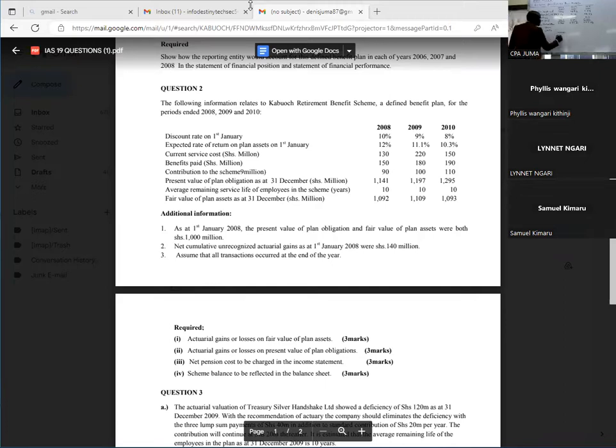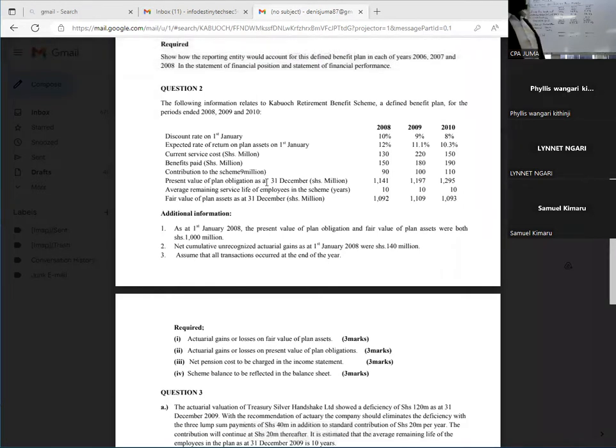So we check the closing balance carried down. Fair value at December: 1092, 1109, 1093. Tell me whether we gained or we lost in each case, and by how much. 2008, this is an asset, we gained.